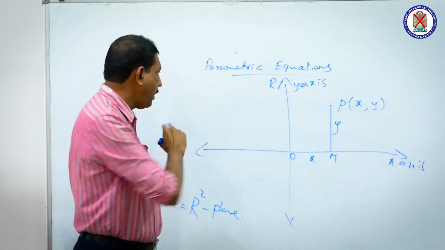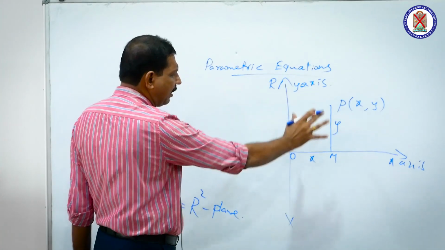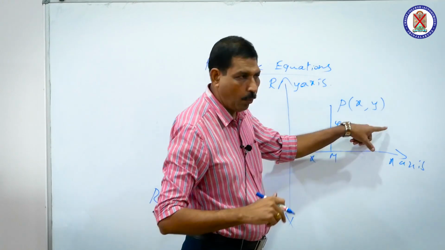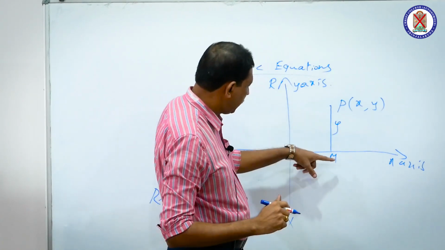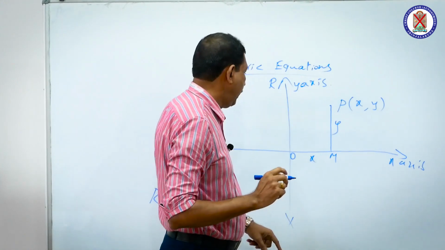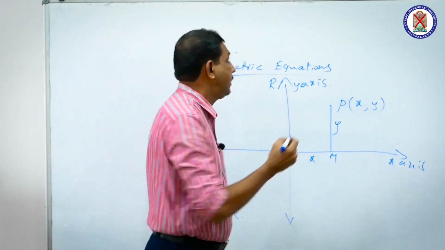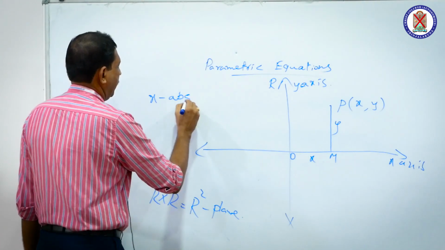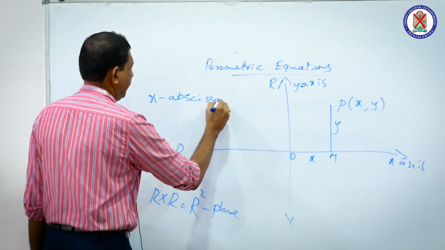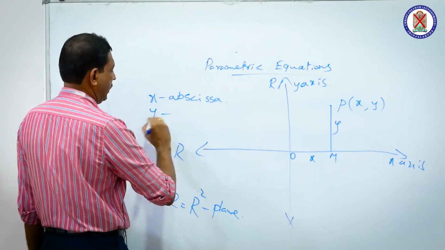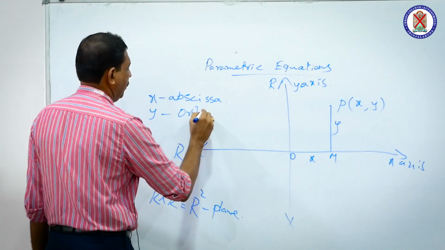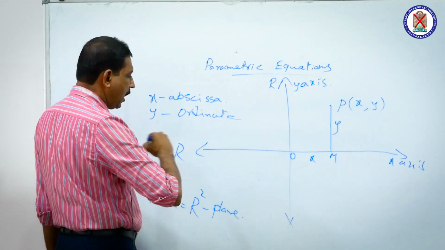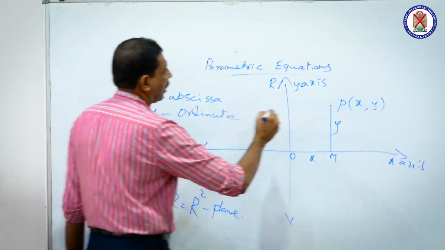Thus, any point in this plane has a representation like this, P(x, y), where OM is x and MP is y. As you know, the x coordinate of that point is known as the abscissa, and the y coordinate is known as the ordinate. And this system is known as the Cartesian system.